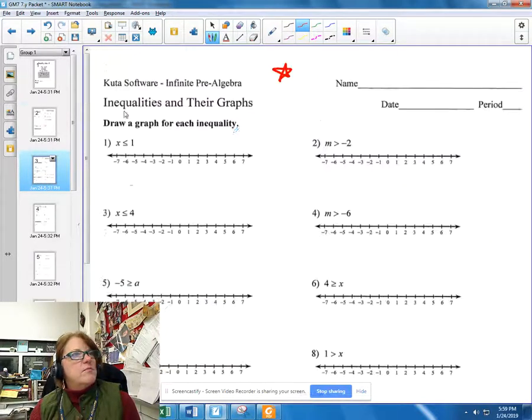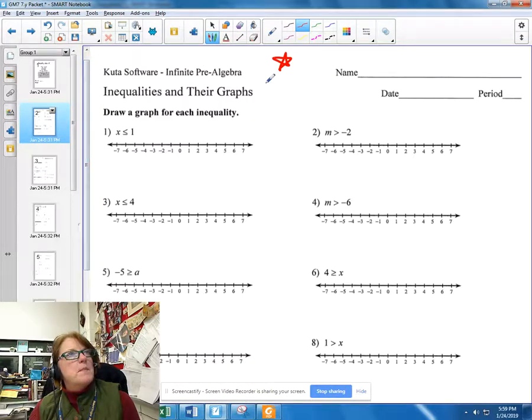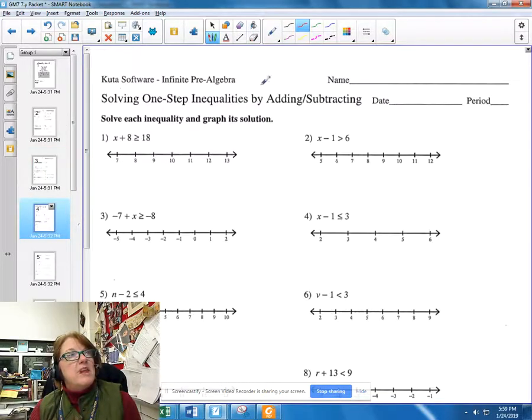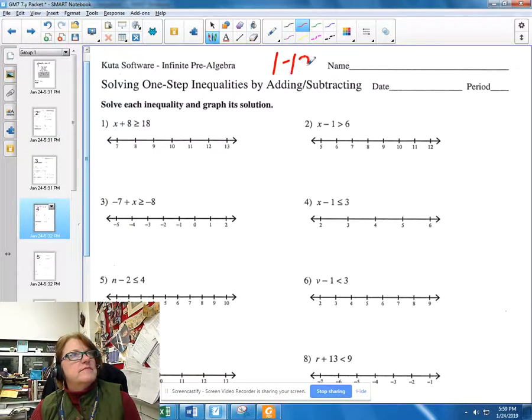So you're going to do page 1, which is 1 through 14. On page 2, you're going to do 21 through 28. And then on page 3, do these ones, which is 1 through 12 more.